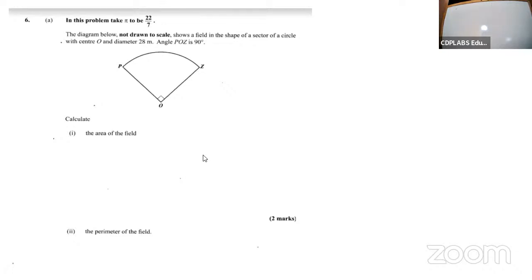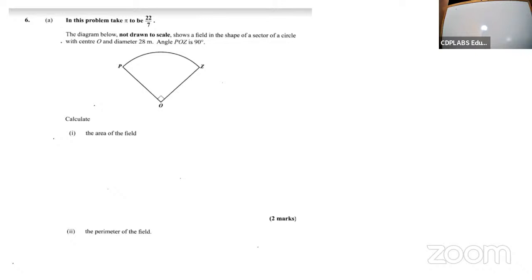And it says, the diagram below, not drawn to scale, shows a field in the shape of a sector of a circle with a center O and diameter 28 meters.